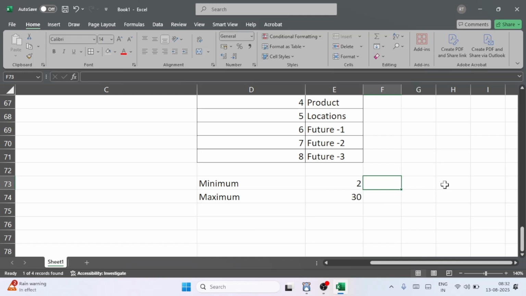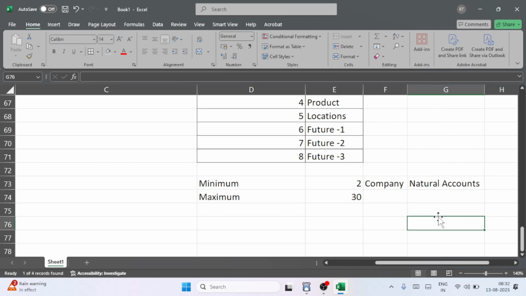And the minimum segments are company and natural accounts. These are the two minimum segments we have to use when you are defining a chart of account values. So that's wrap on the chart of account value sets in Oracle Fusion.